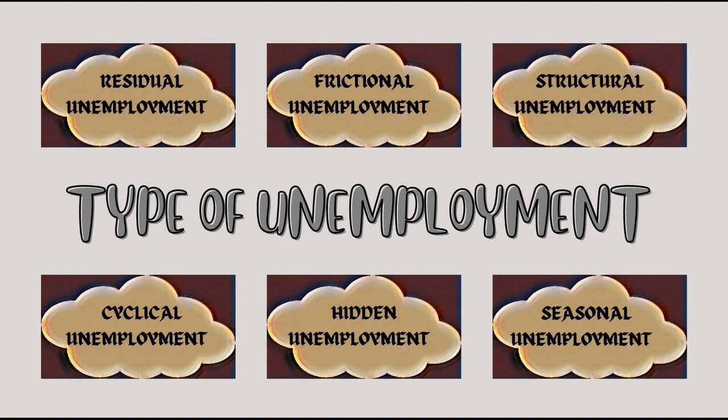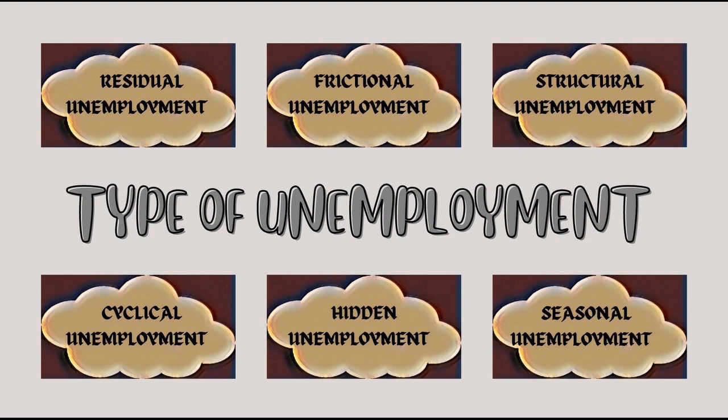First, residual unemployment. In all societies, there is an element of residual unemployment because there will always be people who are virtually unemployable on a permanent basis. There are people who find it difficult or impossible to cope with the demand of modern production methods and the disciplines of organized work.